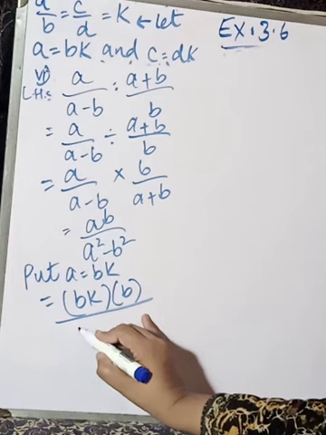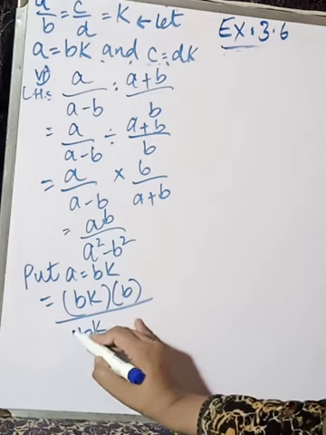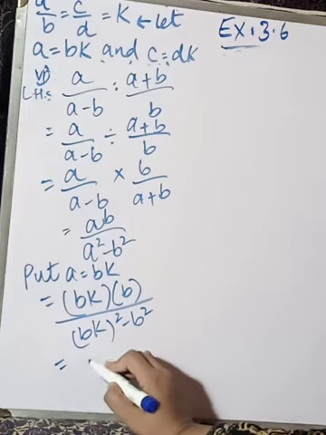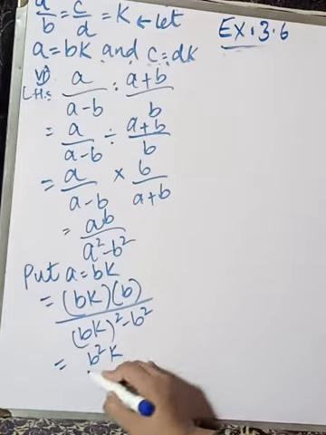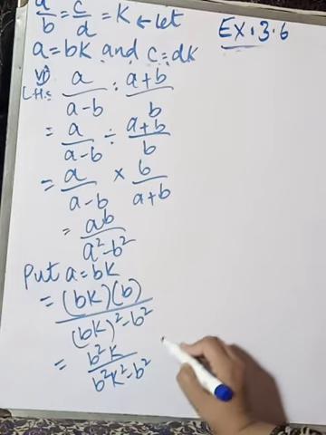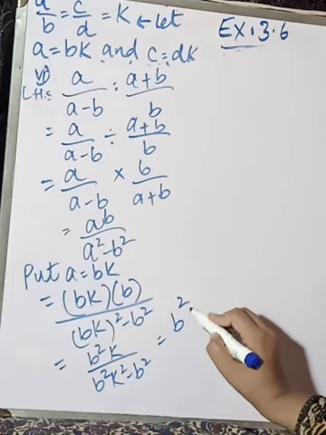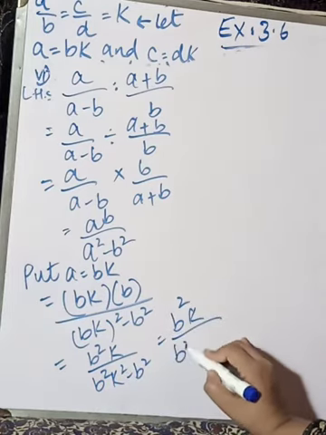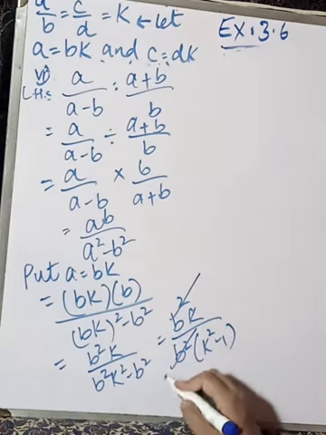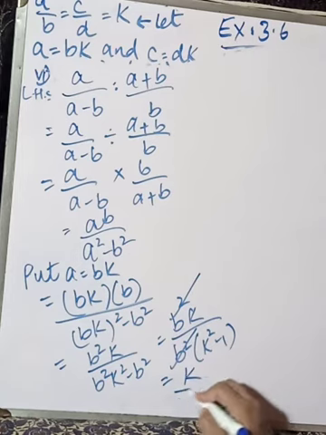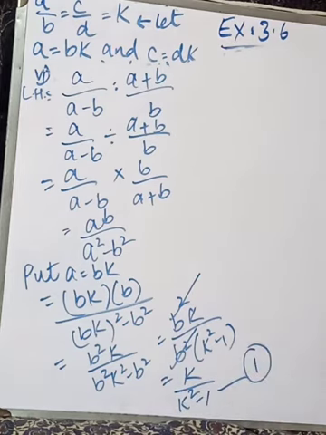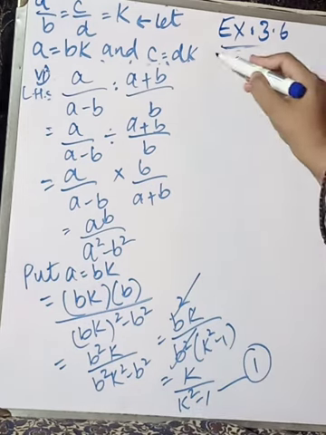So we have bk whole square minus b square, right? So it's b square k divided by, take b square common. They both will be cancelled out and I am left with the answer k over k square minus 1, the solution for the left hand side.